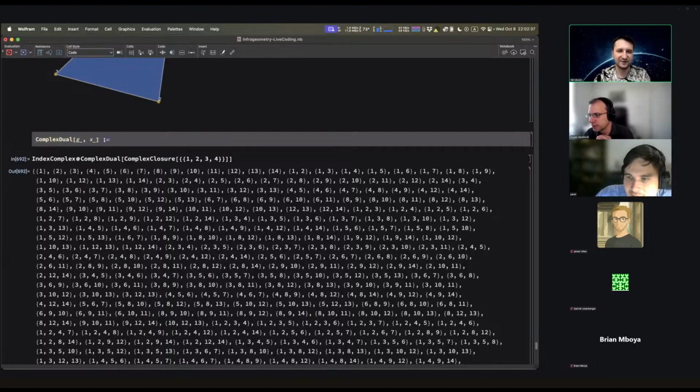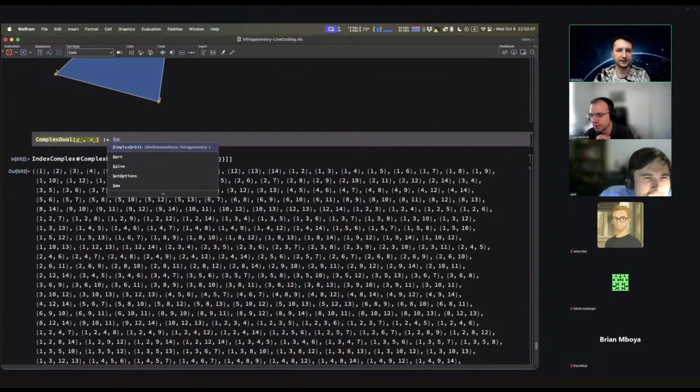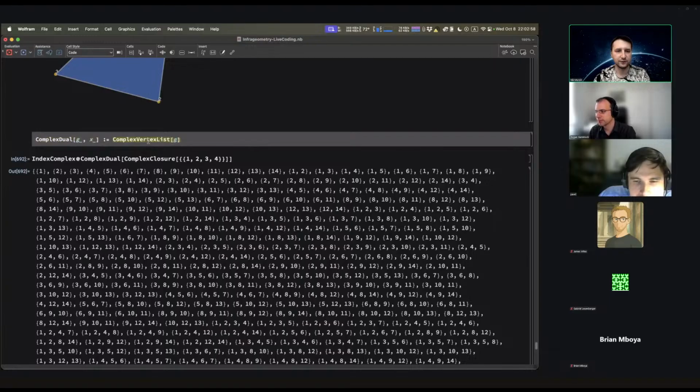If this is the complex and I want to dualize some simplex, I would take the vertex list of G and just take the complement of that.